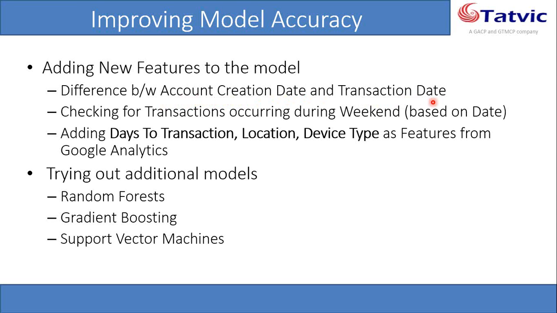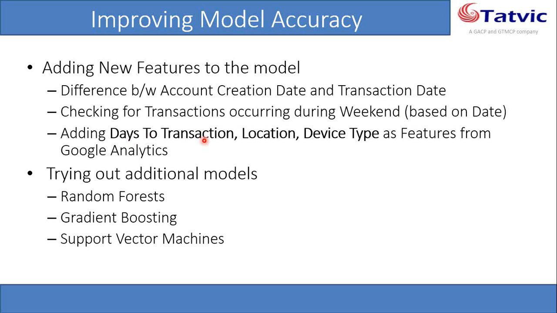So what it would mean is that, let's say a customer created an account on the site 2 days back, and he comes today to make the first purchase, then because the time frame is very short, that might actually lead the customer to return and make a further purchase within 2 months. We could also check if the transactions had occurred during the weekend based on this transaction date over here.